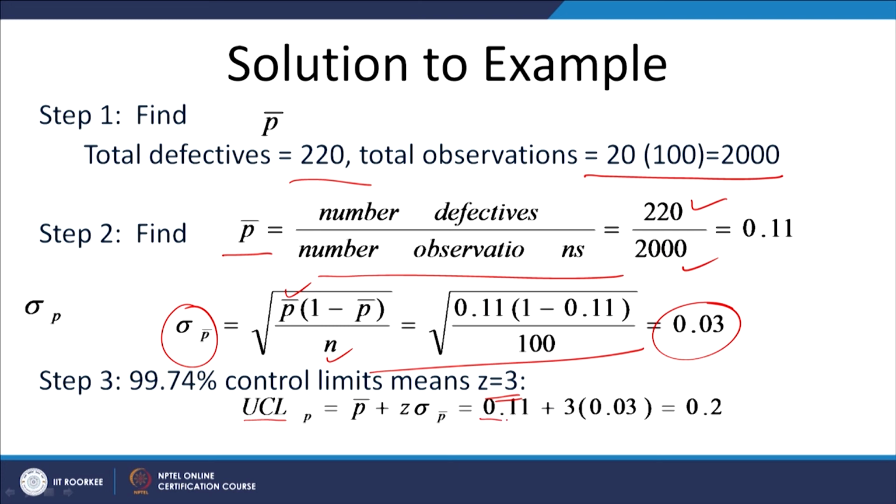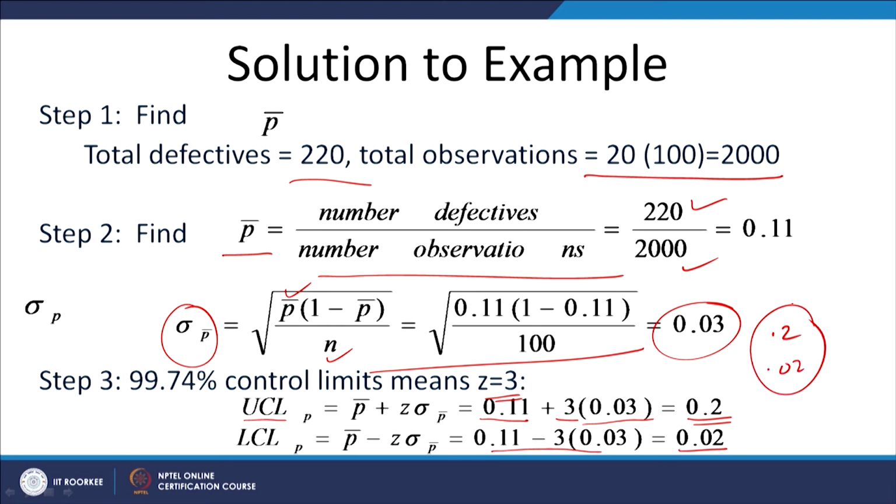P bar is 0.11 and 3 into the standard deviation for the fraction of the defective item, that is 0.03. So, this will be giving us the 0.2 upper control limit, and then lower control limit likewise is calculated like this, and it will be giving us the value of 0.02. So, 0.2 and 0.02 are the upper and lower control limits respectively.